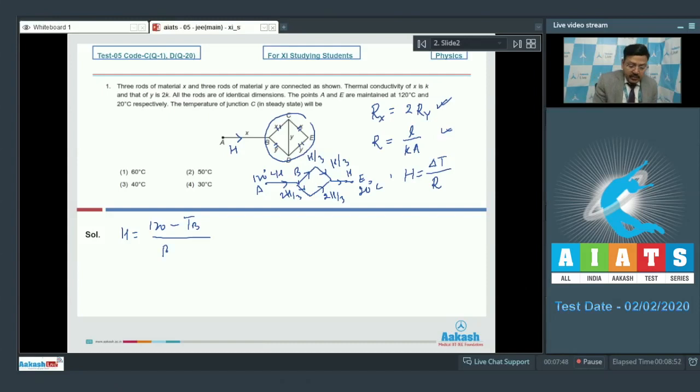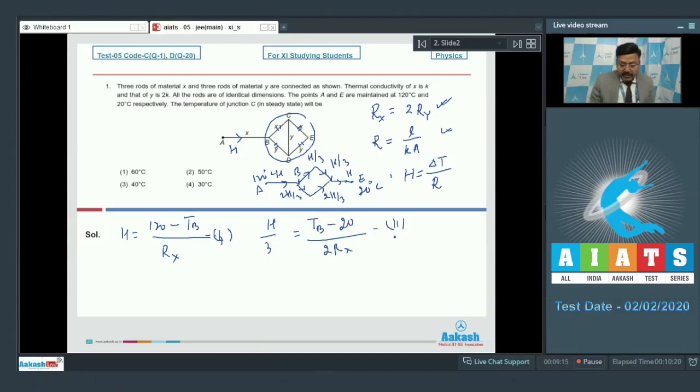This we can call Rx because it is also made up of X. Also H by 3 is equal to, for this part, the thermal resistance is 2 times Rx. The temperature difference will be TB minus TE, so that means it is TB minus 20 divided by 2 times Rx. So we have one equation here and another equation here.